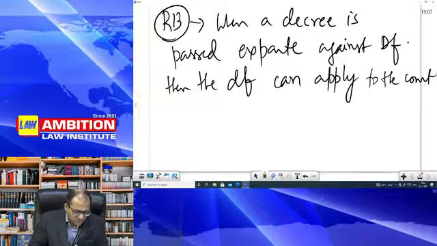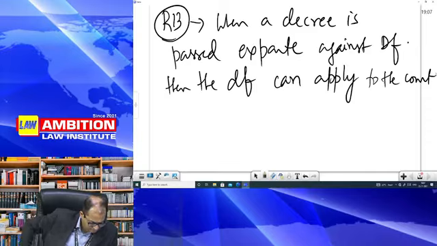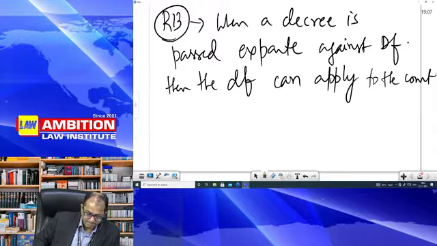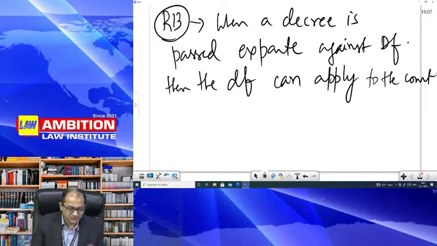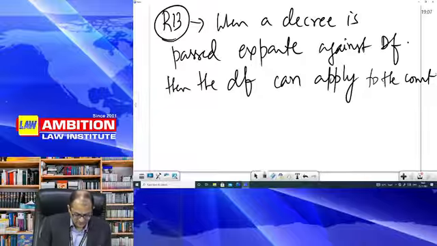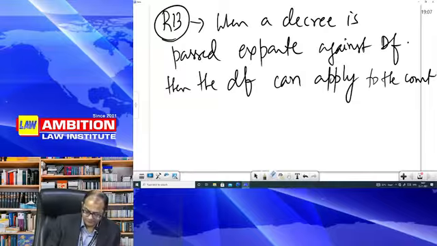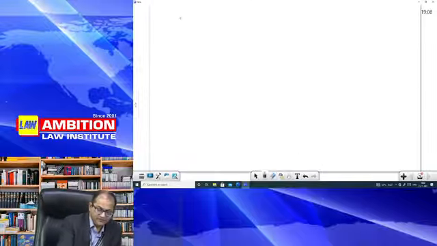Now, what can be sufficient cause? Sufficient cause can be, you can write down the list of sufficient cause.